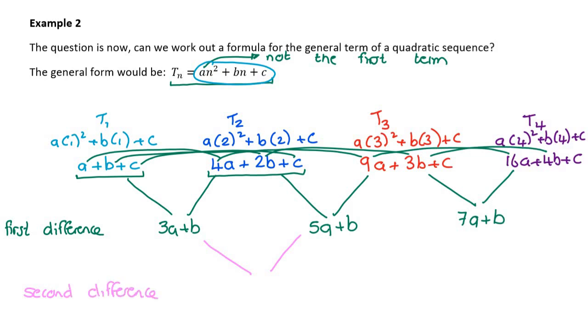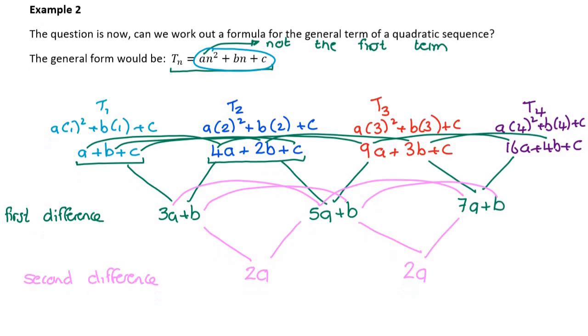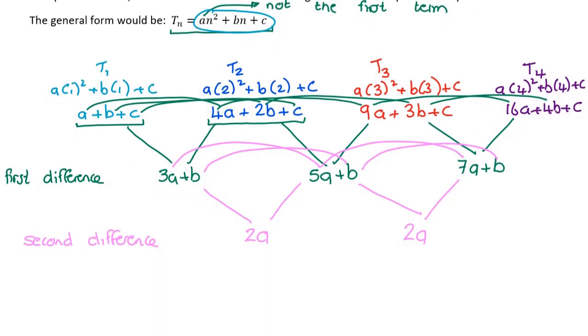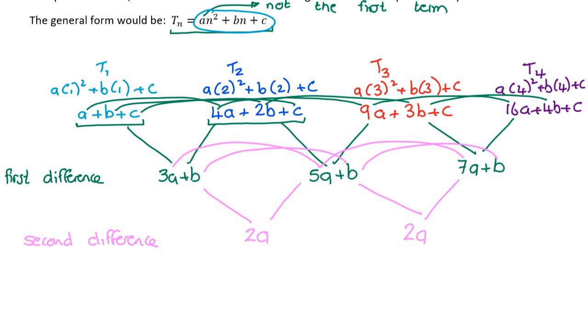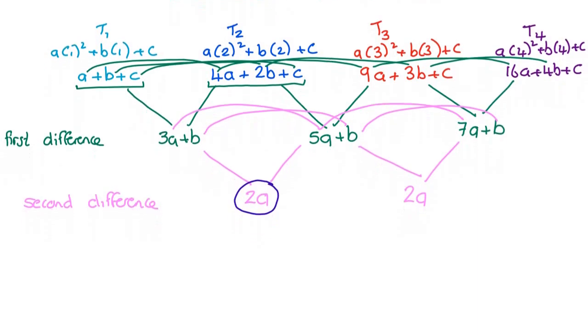To work out my second difference: 5a take away 3a is 2a, b take away b is nothing. 7a take away 5a is 2a, b take away b is nothing. And this picture is how we're going to find our equations in examples, because notice that my second difference equals 2a.